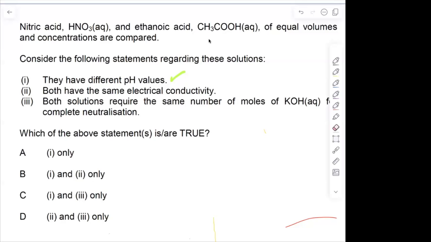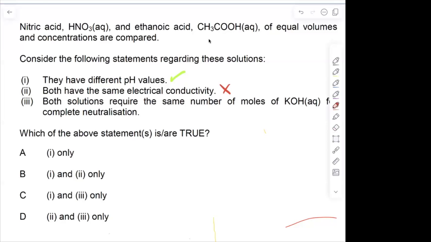Acetic acid will only have very few ions in solution because it ionizes only partially, meaning, nope, they don't both have the same electric conductivity. HNO3, the stronger acid, is going to have much higher electrical conductivity than our weak acid because it will ionize more completely and have more ions in solution, which is what we need to transfer charge.